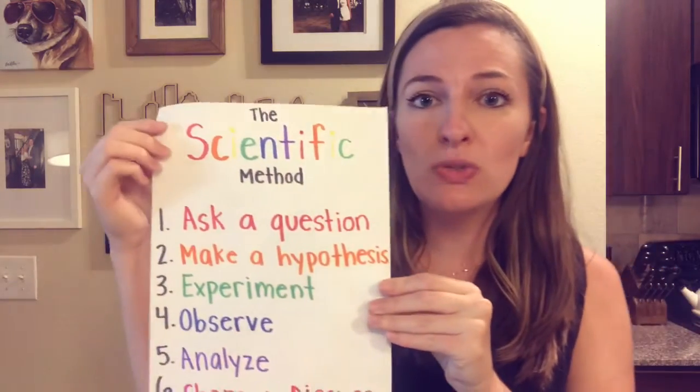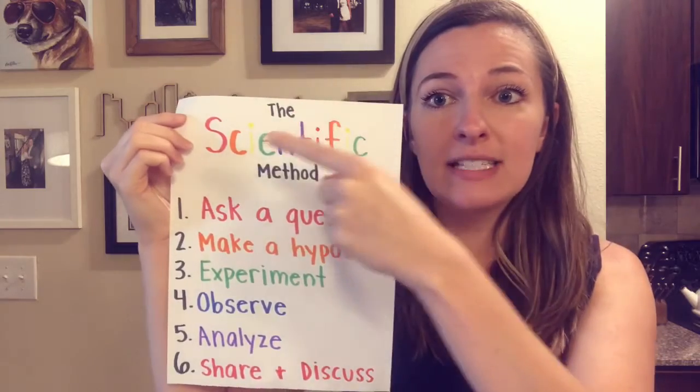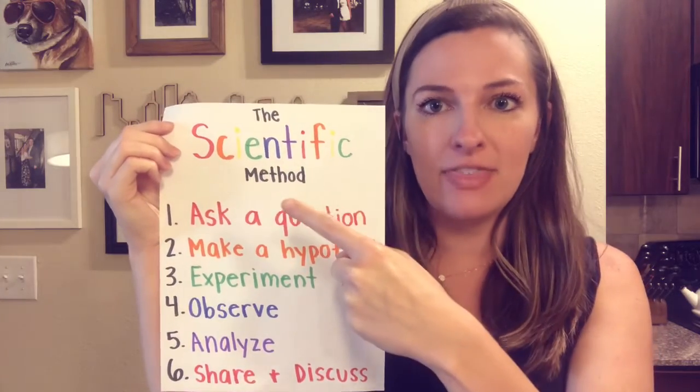All right, so before we get started with our experiment, I want to talk about what it means to think like a scientist. We can all be scientists, and we can think like a scientist, especially when we are doing our experiments. Scientists use something called the scientific method.